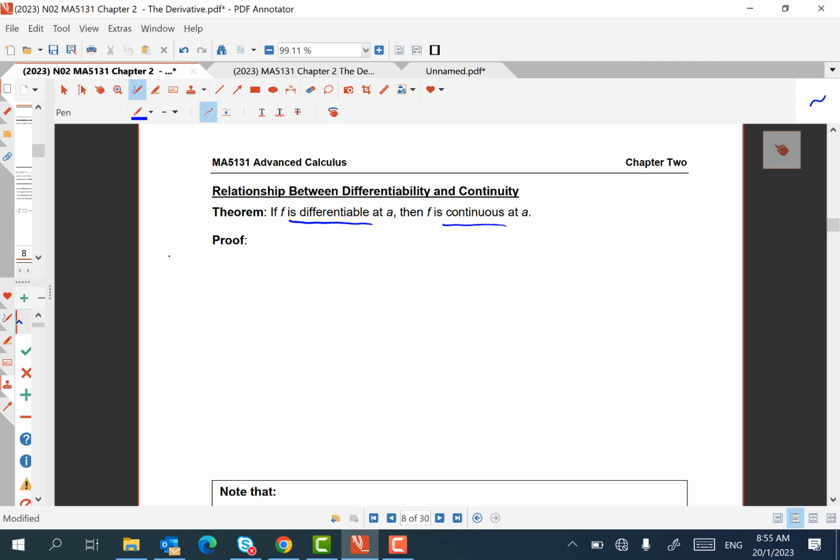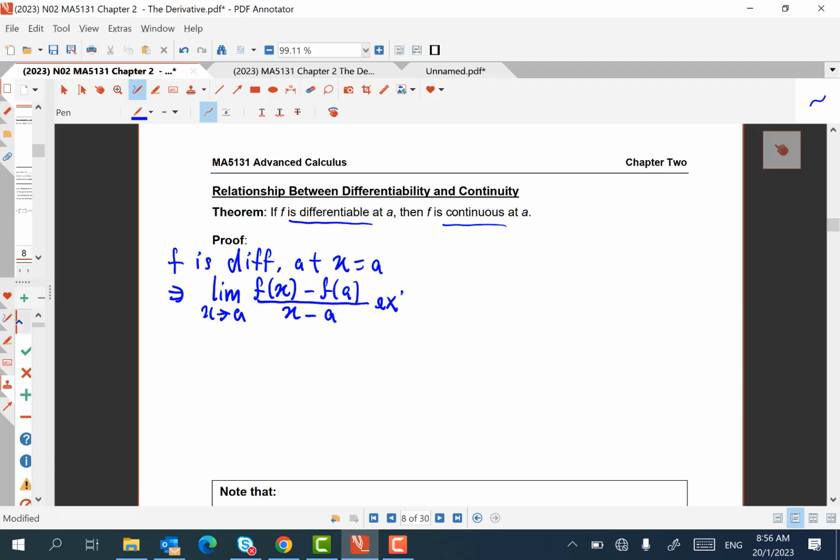So we are going to do a proof of this. If f is differentiable at x equals a, what does it mean? It means this limit exists, right?